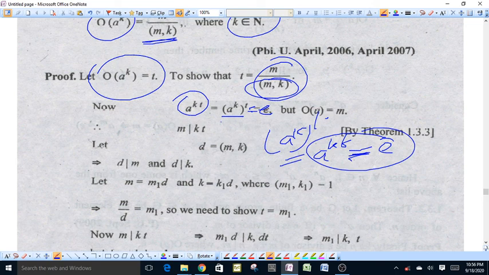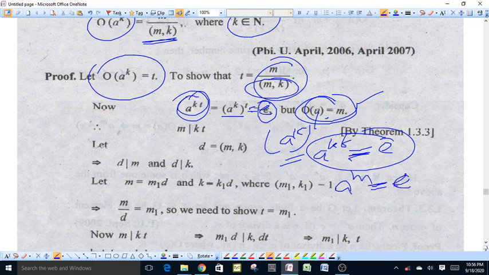Because a raised to power k has order t, a raised to power kt will be equal to e, and also the order of a is equal to m. This means a raised to power m is equal to e.